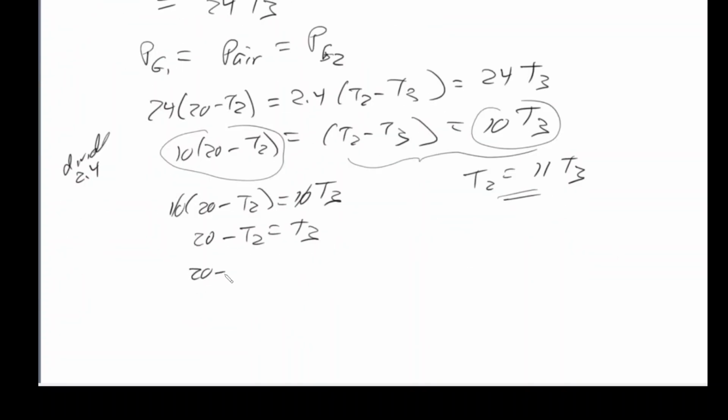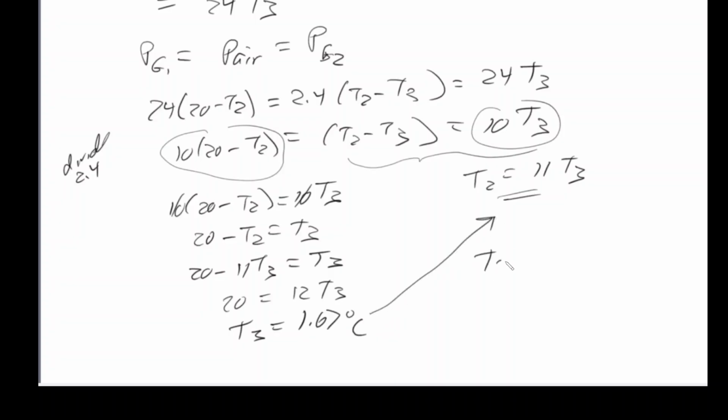So 20 minus 11 T3 is equal to T3, or 20 is equal to 12 T3, or T3 is equal to 1.67 degrees Celsius. And if we put that into this equation, T2 comes out to be 11 times T3, which is 18.4 degrees Celsius.